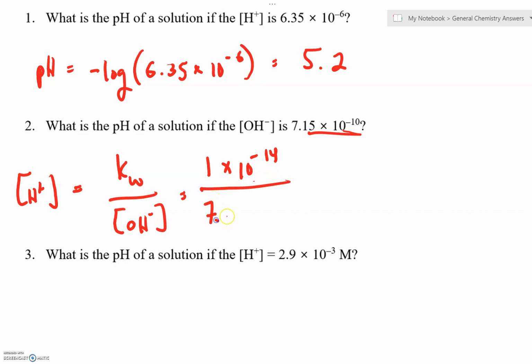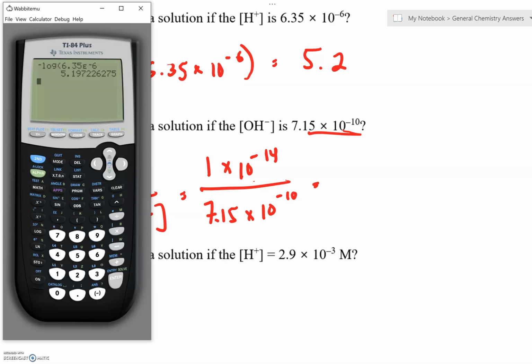OH- is 7.15 times 10 to the negative 10th, and let's plug that in. 1 times 10 to the negative 14th divided by 7.15 times 10 to the negative 10th gives us a H+ of 1.398 times 10 to the negative 5th.